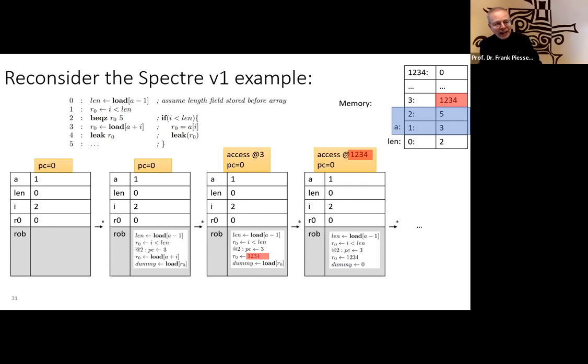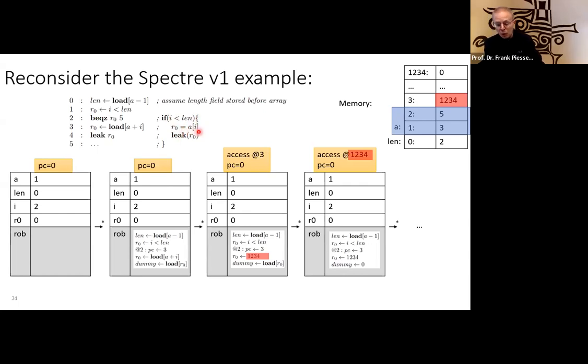So if we look again at the Spectre v1 example that we just looked at, this might already give you some ideas on how we can solve this in software. So the key problem with Spectre v1 is that if we have a misspeculated branch like this one with an indexed array access, on a misspeculated branch, this index might go out of bounds.